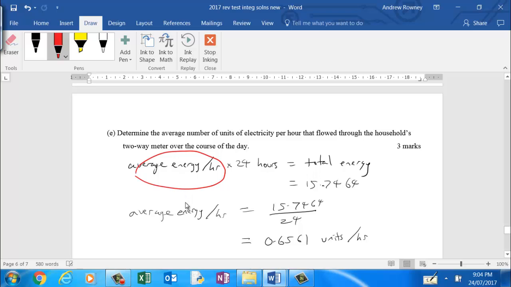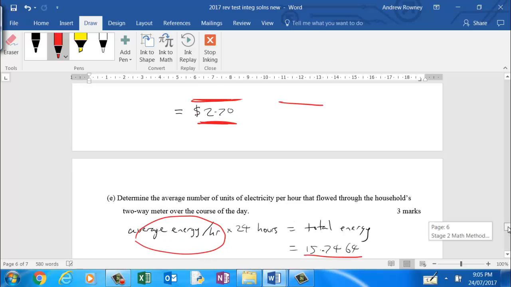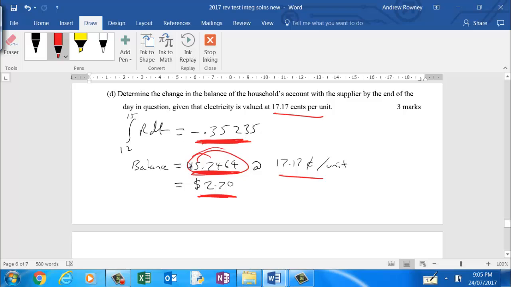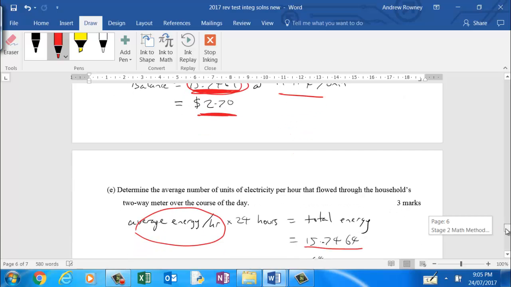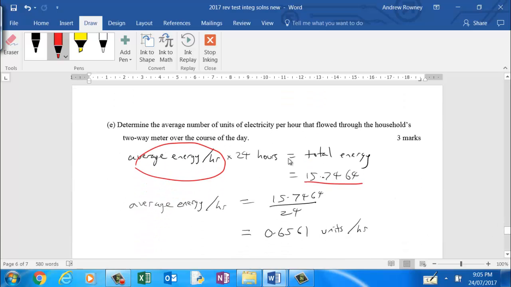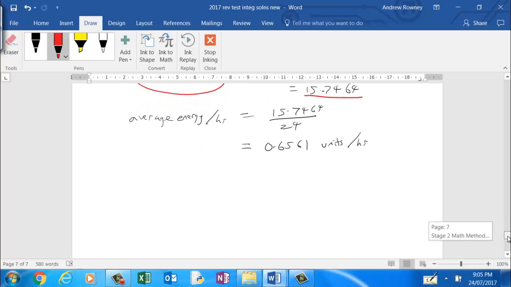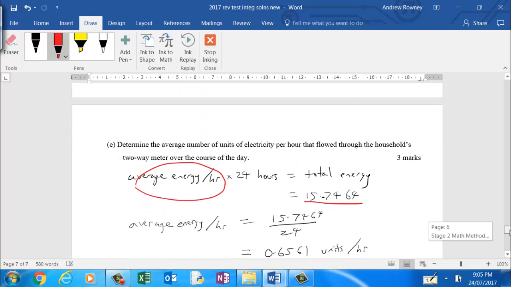So therefore the average energy is equal to the total energy, 15.74, that's this balance, divided by the time for a whole day, 24. And so in general, the average energy per hour for a whole day is 0.65 per hour that we buy. And yep, that's it.